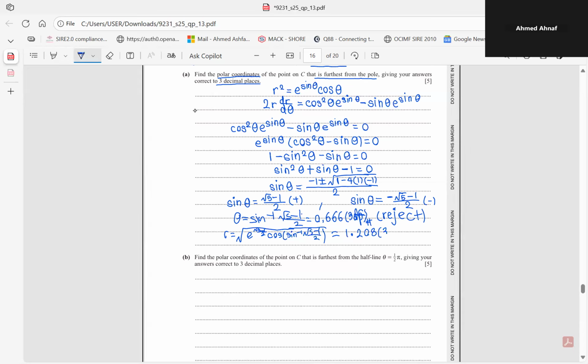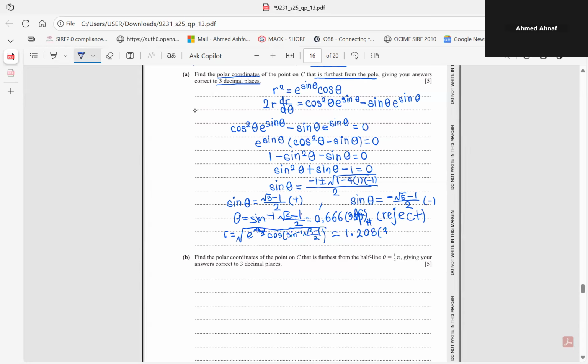So let's first find an expression for x in terms of theta. You know what, let's just find x squared, since we only have r squared.